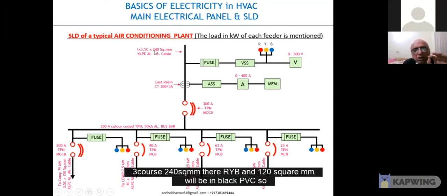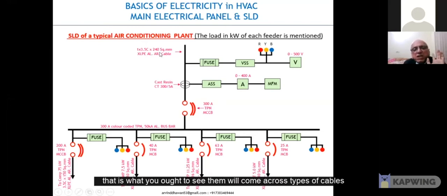The 3 cores of 240 square mm will be R, Y, B, and the 120 square mm, half core, will be in black PVC. So that is what you ought to see.